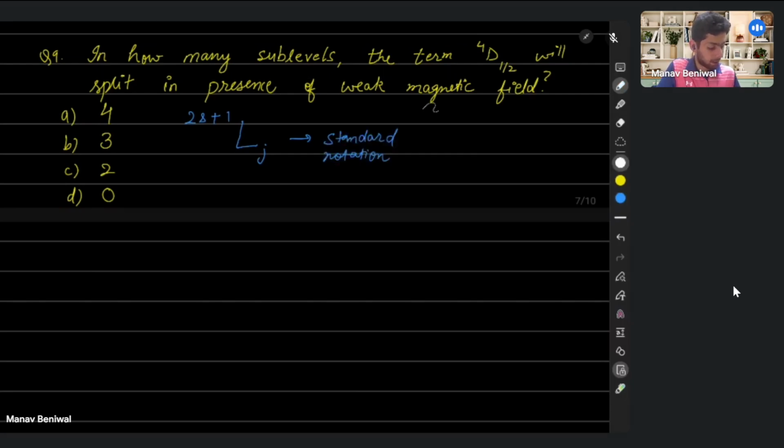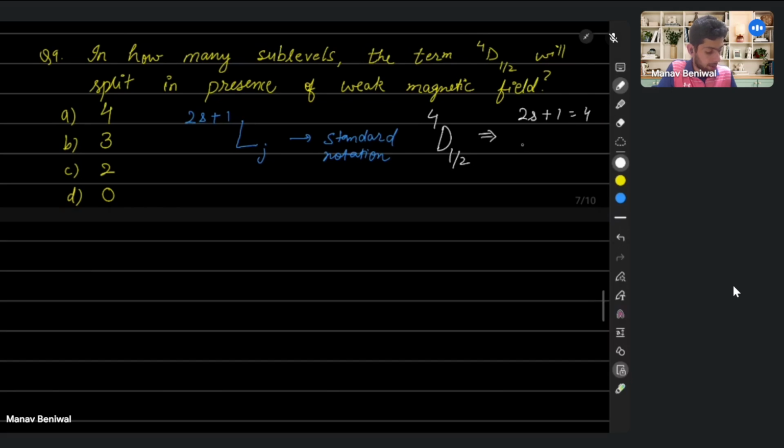And if we compare it with 4D 1/2, we get 2S plus 1 is 4, and we get L is 2 and J is 1 by 2.